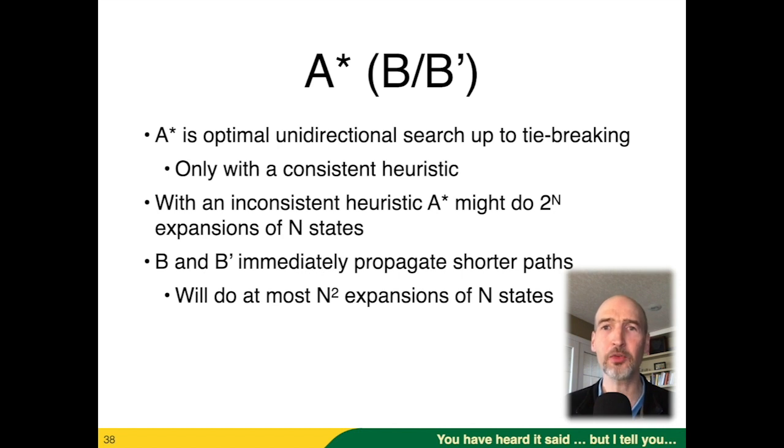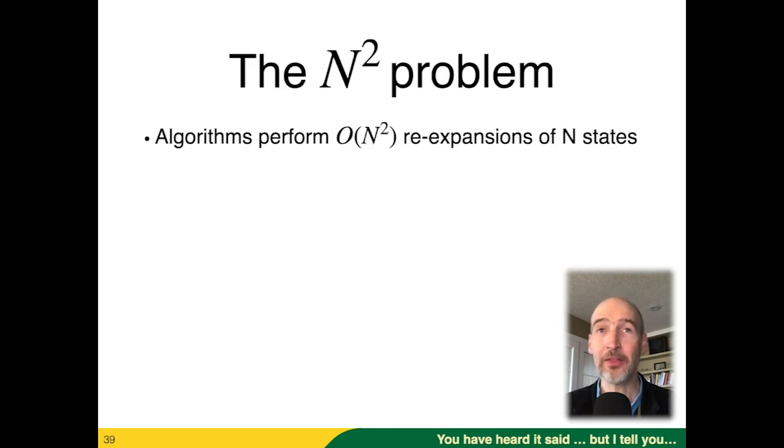There are other algorithms called B and B prime that do at most n squared expansions of n states. I'm not going to go into those details, but it's a fairly small modification of A star to get it down from 2 to the n to n squared. There's actually a broad n squared problem in heuristic search, and we're going to look at some of it here and some of it in part 3.